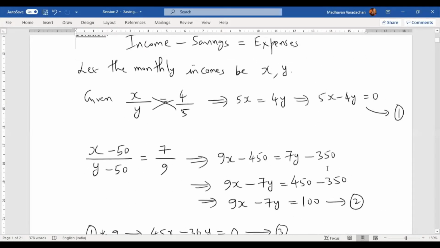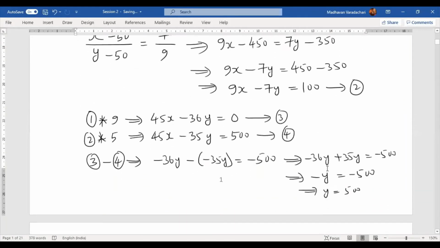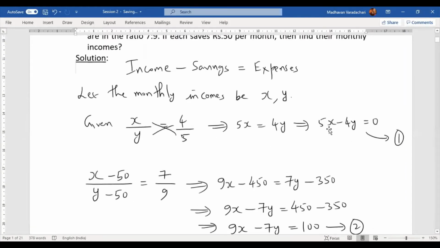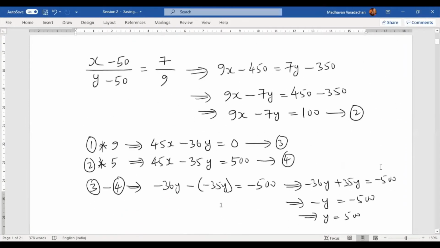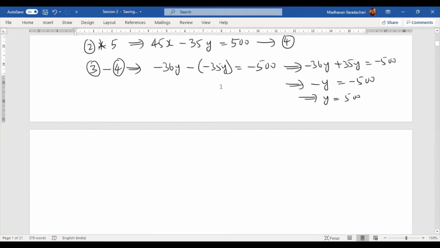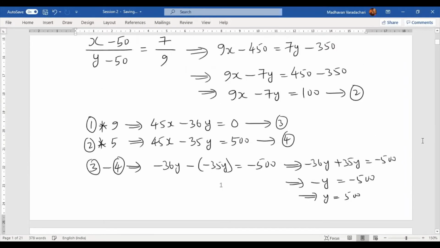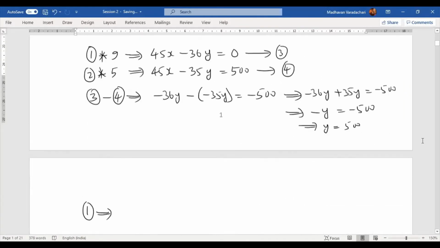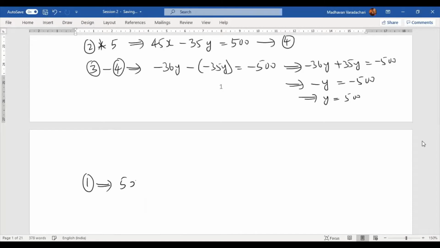Means the income of the second person is 500. Now we have this equation 5x minus 4y equal to 0. From the first equation, we have 5x minus 4 times y. Y we already found, it is 500, is equal to 0, which means 5x is equal to, if I multiply these two, it is 2000 negative.